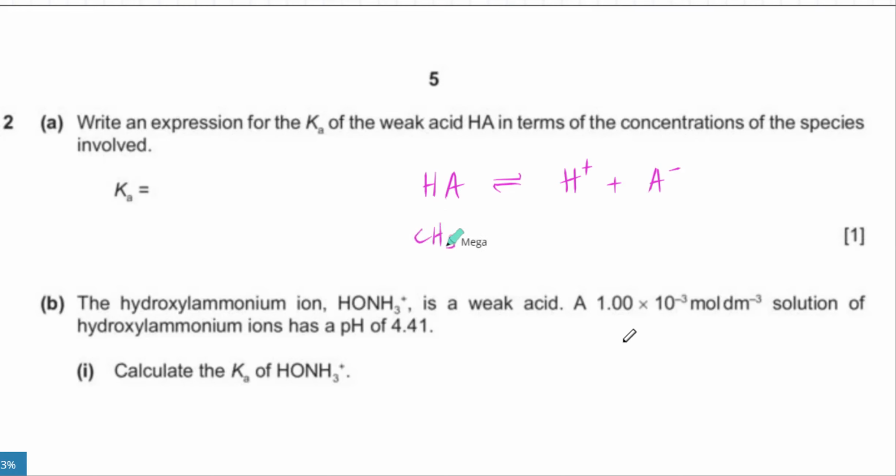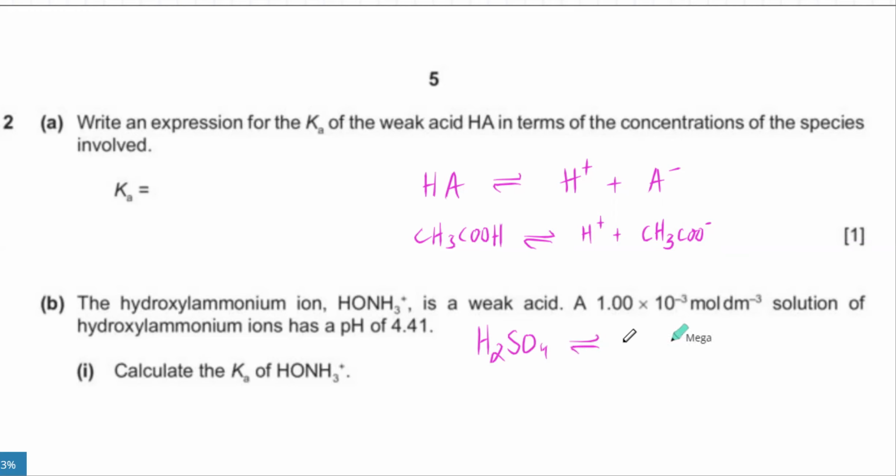Like if I have ethanoic acid, it will dissociate in this order. It's going to release an H+ and it's going to produce some random ion, which is CH3COO-. And even diprotic acids will also dissociate. They will have two dissociation constants or three. Like if you have H2SO4, it will dissociate in steps.